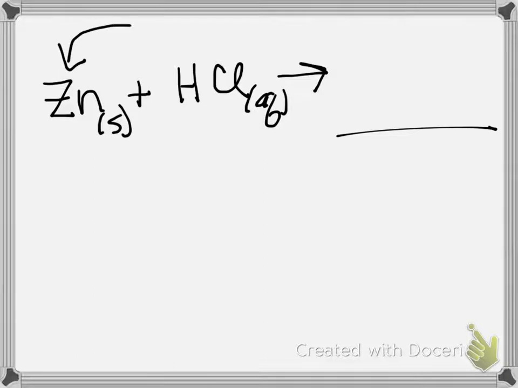Well, we're going to do the single replacement reaction. The hydrogen, which is the cation, will be replaced, and chloride is the anion. So hydrogen is going to become the neutral element, and zinc will become the cation. So what is the neutral element of hydrogen? Is it H? No, it's H2. Hydrogen as a neutral element is H2. And we know it's a gas. This is where the bubbles are going to come from.